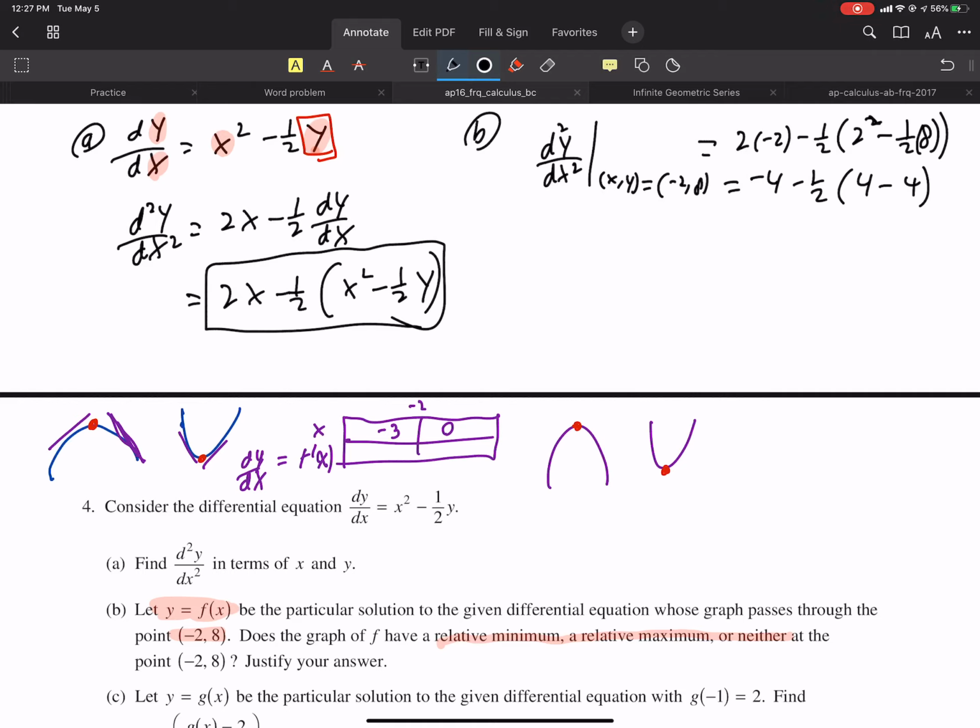2 times negative 2 minus 1/2 negative 2 squared, that doesn't make a difference, minus 1/2 y, y is 8. Oh, loser, loser, pants on fire. What am I doing?